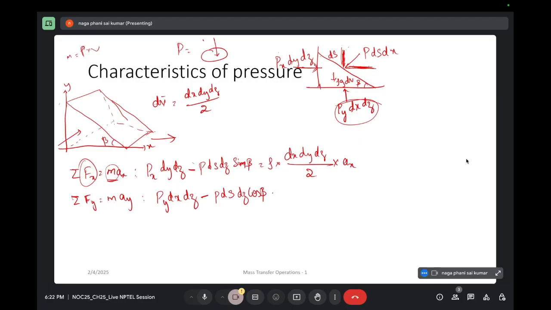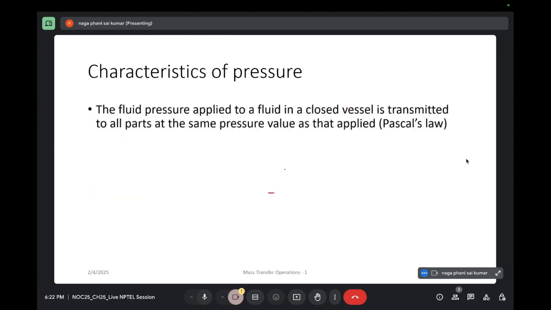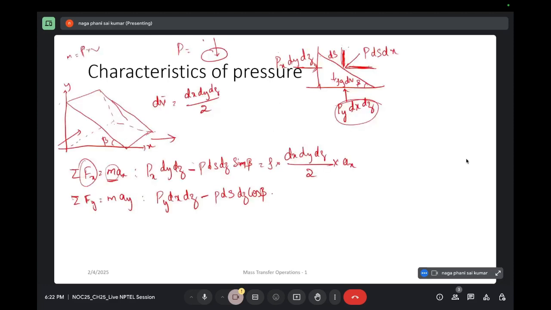Apart from this there is also one more force acting here, that is minus the weight of this sample, rho g into dx into dy into dz by 2. This is equal to rho into dx into dy into dz by 2 into ay.